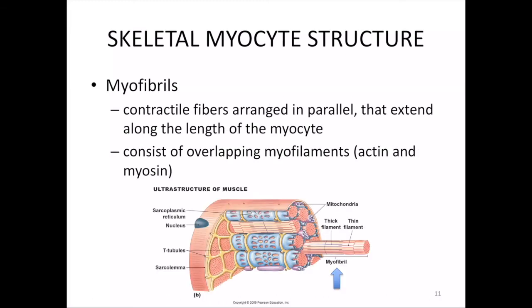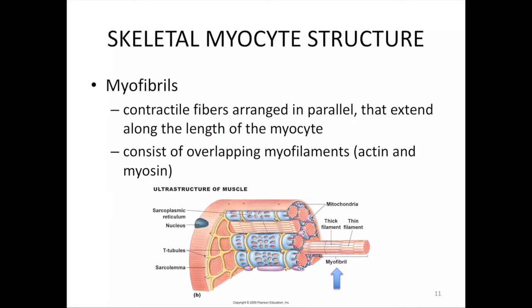We drew in our diagram these red threads, but these are going to be our myofibrils. These are our contractile fibers, and they're shown in the image over here. They extend the length of the myocyte, and as we noted, they consist of these overlapping myofilaments, the actin and the myosin.